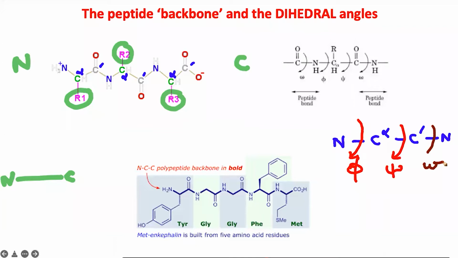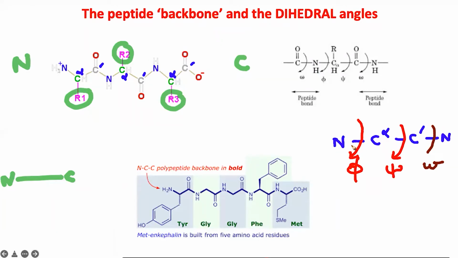Now, these angles, which are called dihedral angles, are not defined by two atoms. So when I say phi is between N and C alpha, one does not formally define phi just with two atoms.